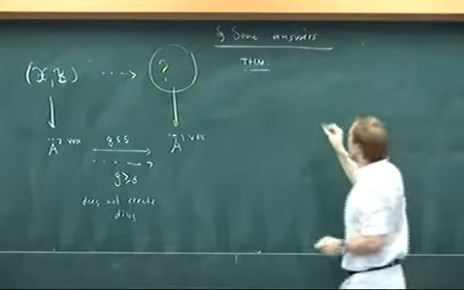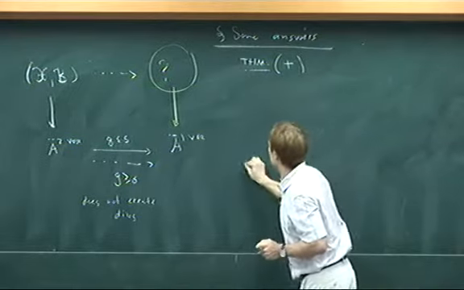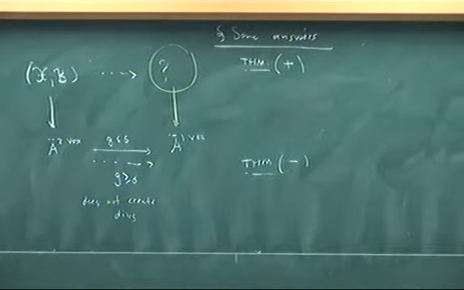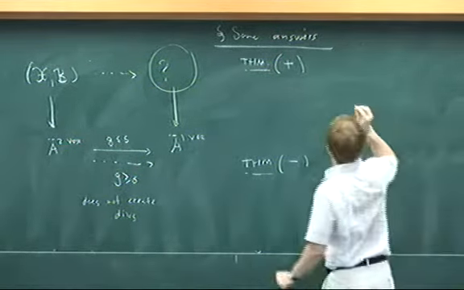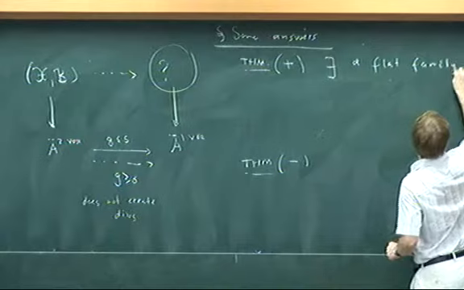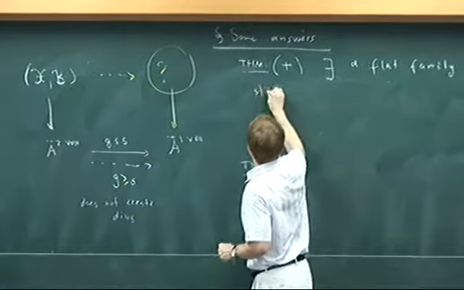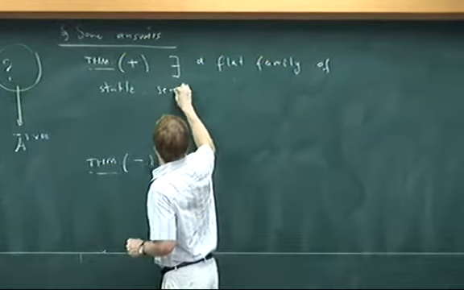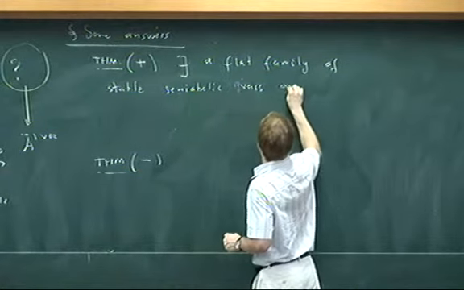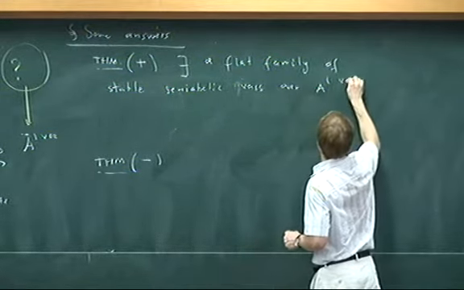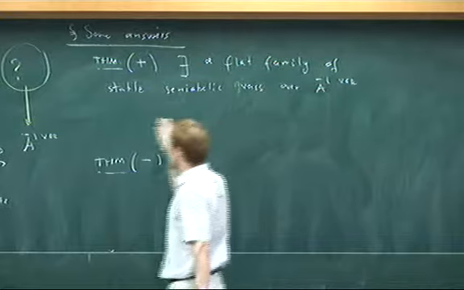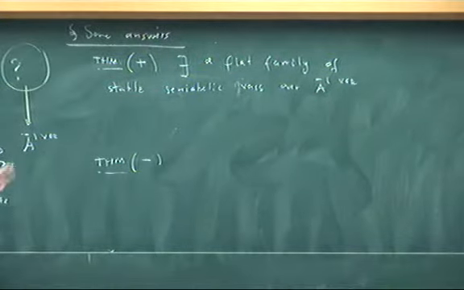And my first theorem will be in the positive direction. And the second theorem will be in the negative direction. In the positive direction, the statement is that there exists a flat family of stable semi-abelic pairs, varieties, over this first Voronoi. So I can construct some geometric family, some flat family here.